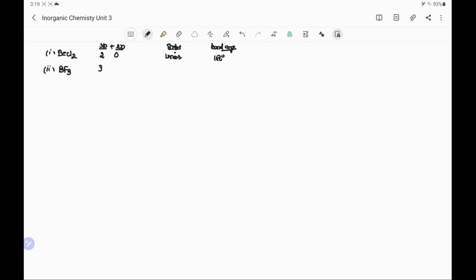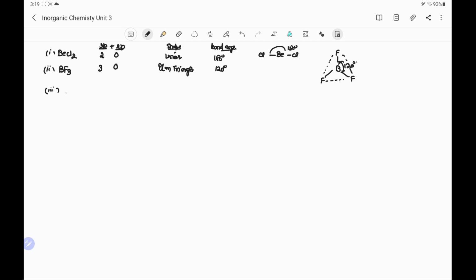It has 3 bond pairs and 0 lone pairs and it has a plane triangle shape, and the angle will be 120 degrees. BeCl2 is like this, it is linear and this bond angle is 180 degrees. Similarly, if we see BF3, this is B, this is F, this is F, this is F, and if we complete this, it is a triangle and this angle, we say it is the bond angle, it is 120 degrees.